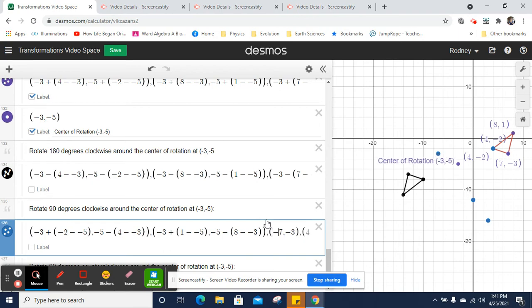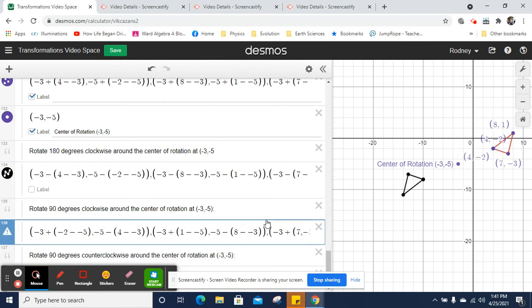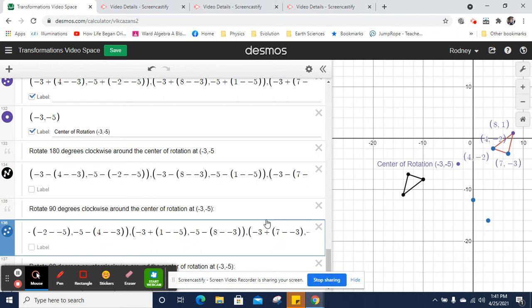So we're going to start with our center of rotation. -3 is our reference point, plus 7 minus -3. And then, actually, I want to change that. I am sorry. Plus -3 minus -5, because that's the change in the y.